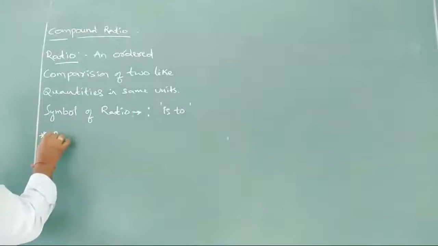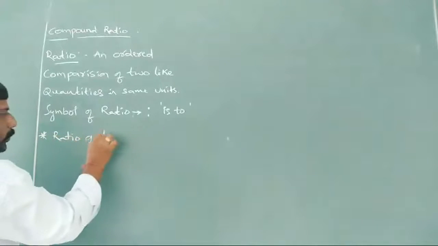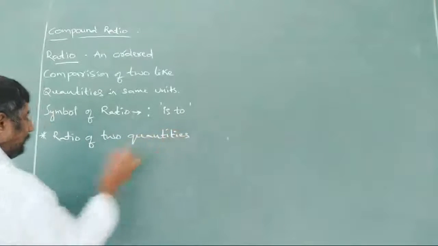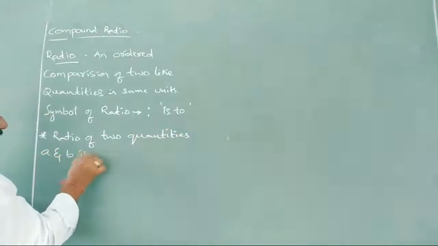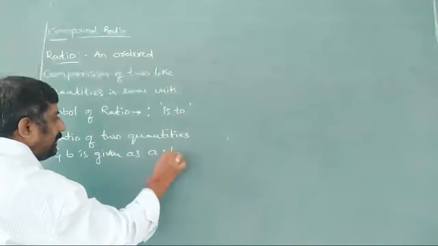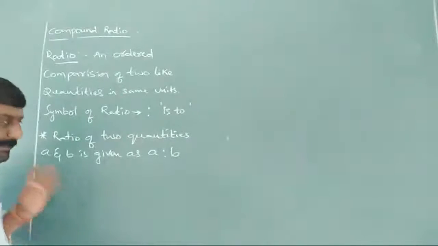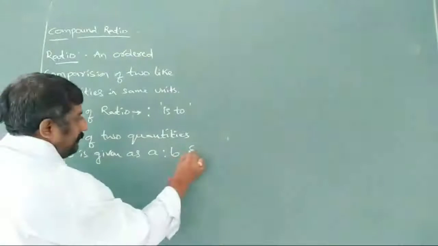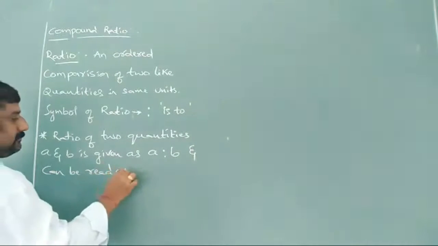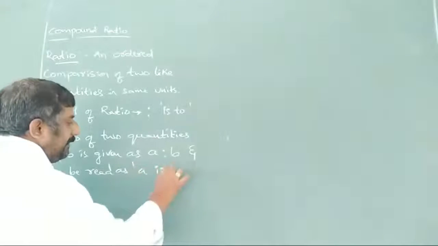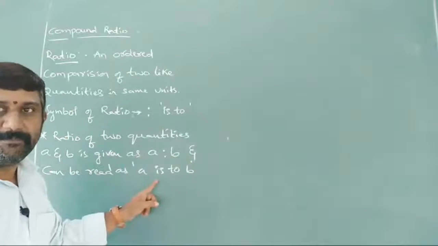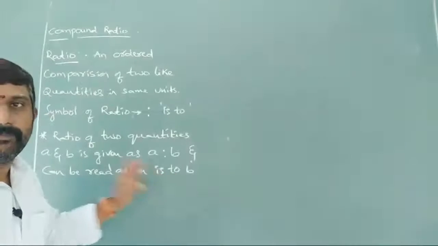Now, the ratio of two quantities A and B is given as A is to B. Actually, A is compared to B. Simply we can say A is to B.